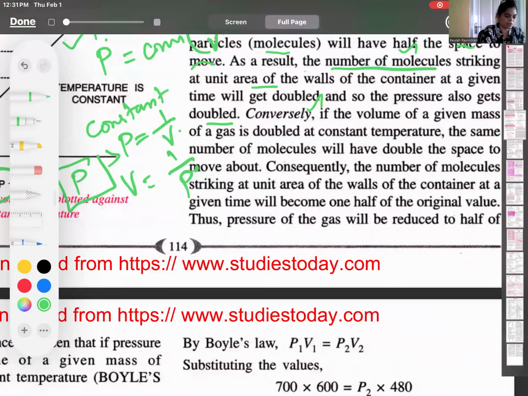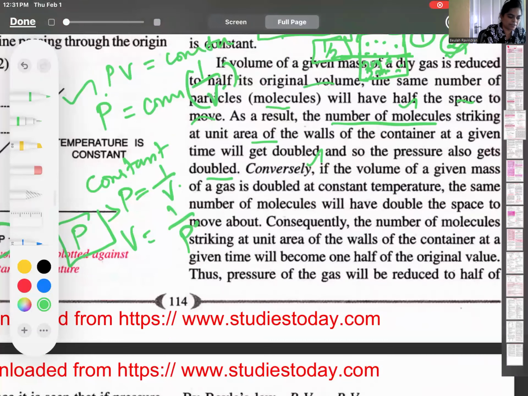This is the theoretical concept. So the converse theory and the original theory you must keep in your mind. Consequently, what is the result for the converse? If the volume of a given gas is doubled at constant temperature, the same number of molecules will have double the space to move about.